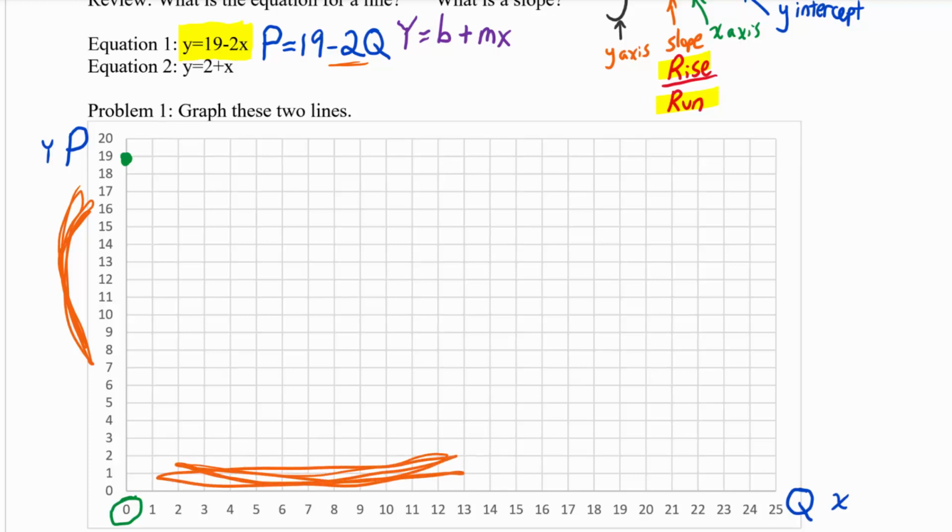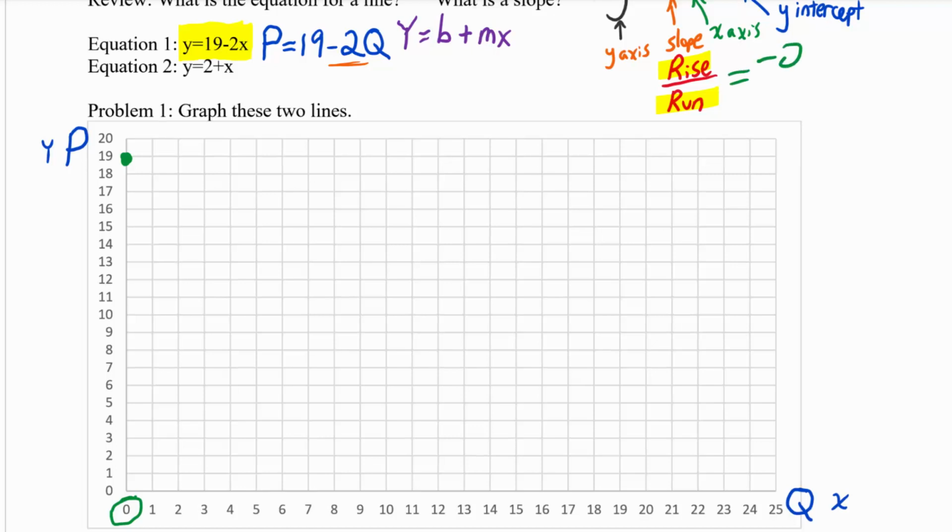So that minus 2, if you want to really understand this, rewrite that minus 2 this way. Minus 2 equals minus 2 rise divided by 1 run. We know when we divide something by 1, it doesn't change it, right? So minus 2 divided by 1 is just the same as minus 2, but we can think about it as a ratio now. That rise divided by run is minus 2 over 1.